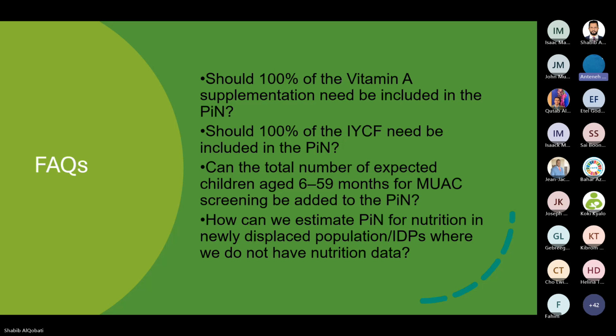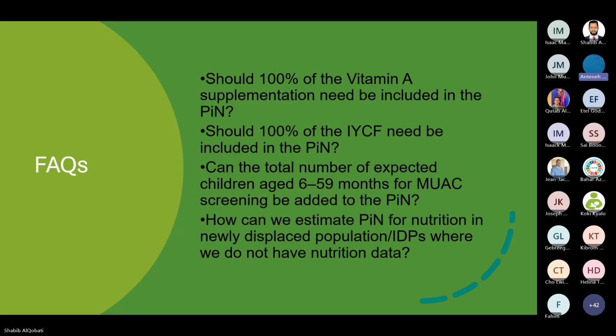The short answer is, usually, the common practice is you take the percentage of children under 5 and pregnant and breastfeeding women in that population, and you take that as a need. This is like the highest possible people in need for nutrition among displaced population. So if it is 20%, take 20% of displaced people.